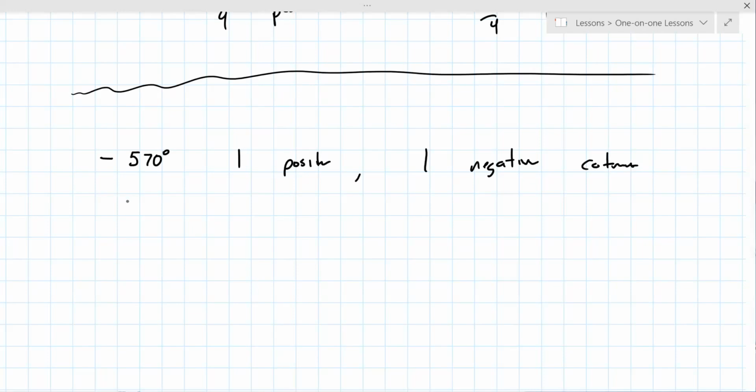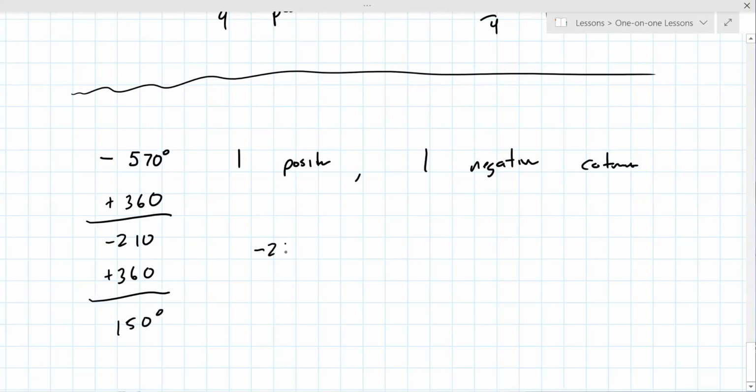Okay, so there's negative 210. This time you've got to keep going. You've got to just add 360 again. Yeah, and 150. All right, so I want you to convert minus 210 degrees and 150 degrees to radians.